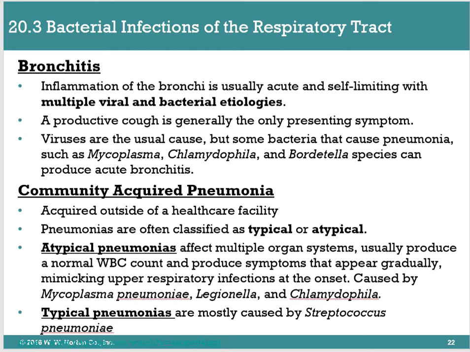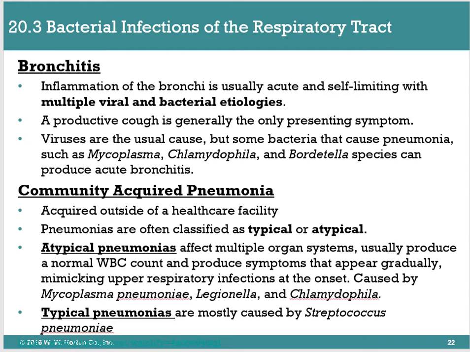Usually you'll have a normal white blood cell count, and symptoms will gradually appear, but they'll mimic an upper respiratory tract infection. That's why sometimes it may be misdiagnosed at first. The general cause of atypical pneumonia is M. pneumoniae, also Legionella, and then Chlamydophila.